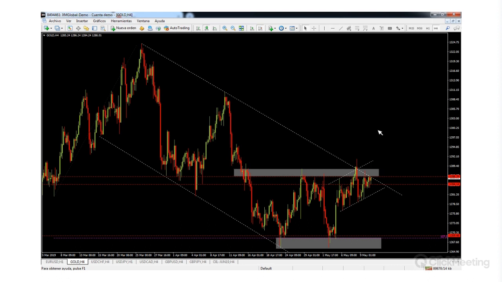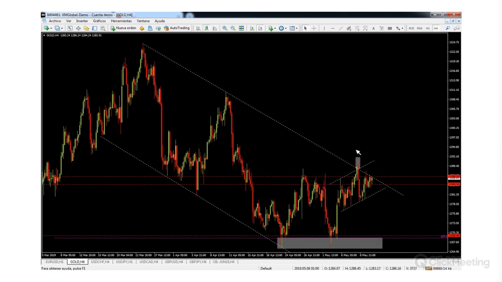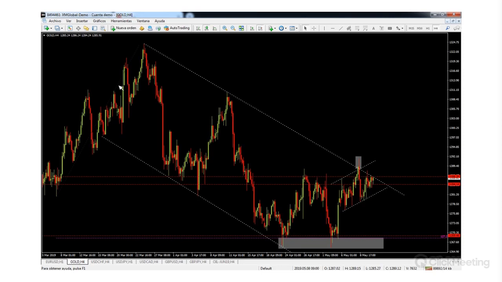Well, yesterday on the show, we said that after this fake out, let me point out the fake out right here, after this fake out of this bullish structure, we definitely will be looking for a bearish continuation.